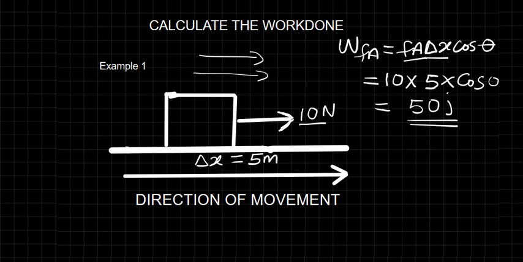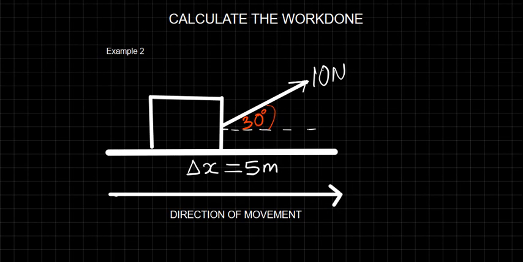Now let's take the second example. Calculate the work done by the force applied at 30 degrees on the object. We can see for this object, the force is applied at 30 degrees, the direction is to the right and the displacement is 5.